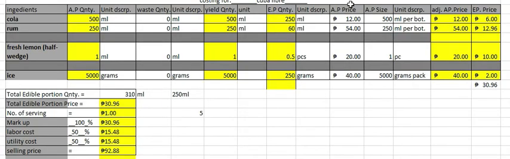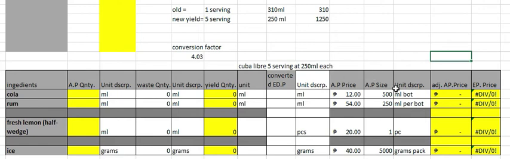So for your AP price, AP size, and unit description, please just copy. Okay, that is now the basis for quantifying. So how to quantify?